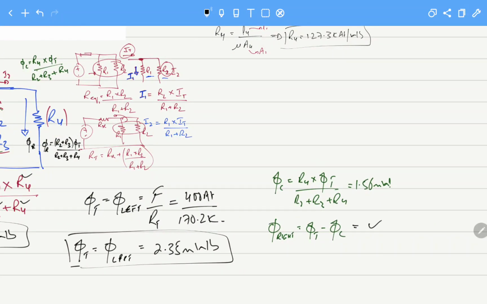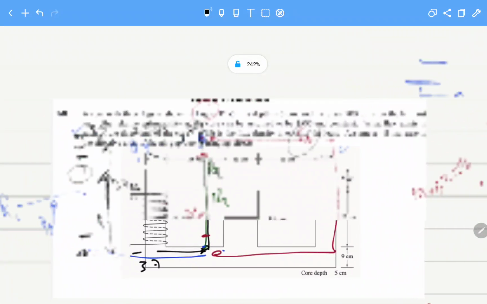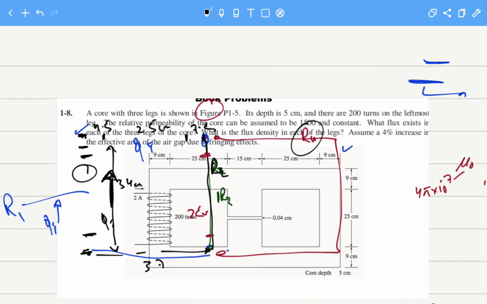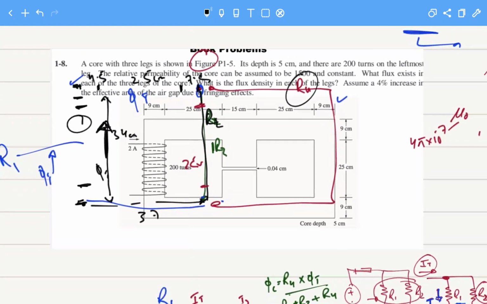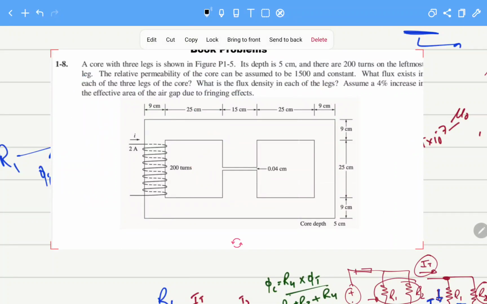So either you can calculate flux right like this, or like this: R2 plus R3 into flux of T divided by R2 plus R3 plus R4. The value of this will become 0.79 milliwebers. So this is how we have calculated. We have solved the first part of the question, that was to calculate the flux in the three legs of the core.